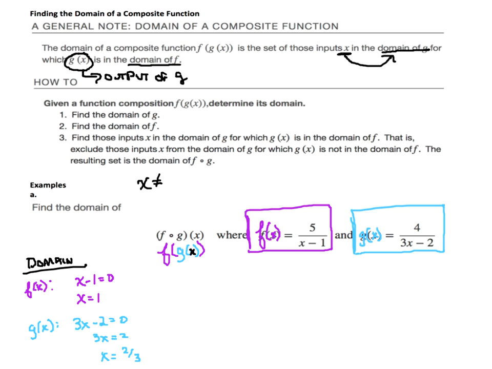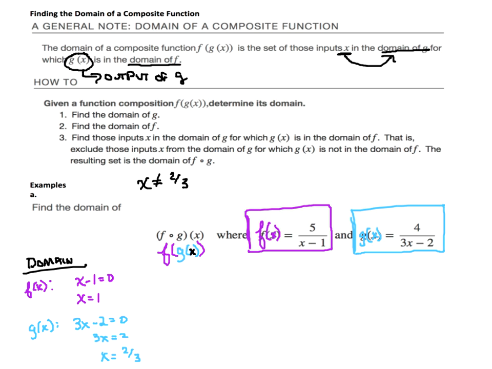So x at this point cannot be 2/3. If x is 2/3, then the entire thing is undefined here. So we know our composed domain cannot have 2/3 in it.